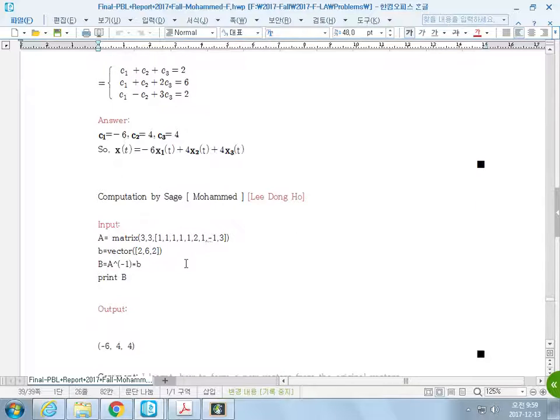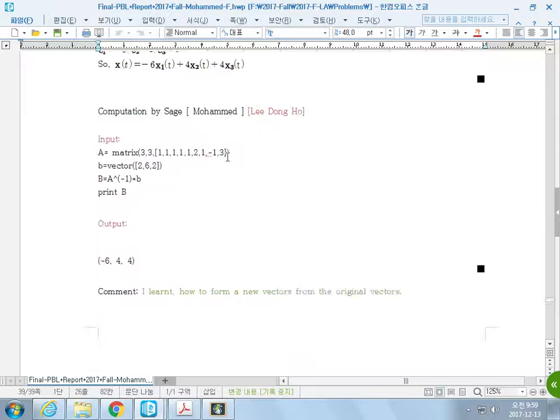We checked this also by SAGE, the answer was the same, and so x(t) equals minus 6 x1(t) plus 4 x2(t) plus 4 x3(t).